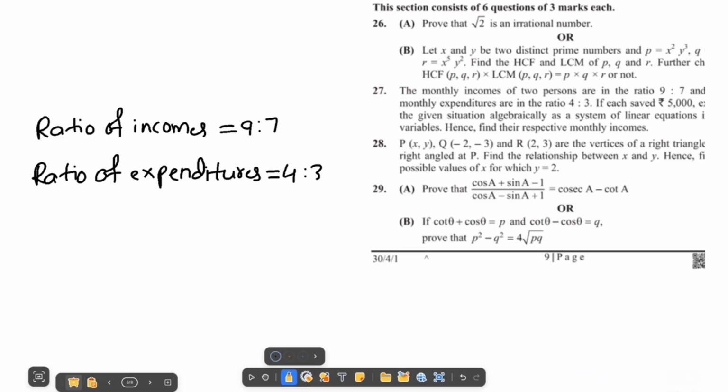What is the monthly saving amount? The monthly saving amount is rupees 5,000.